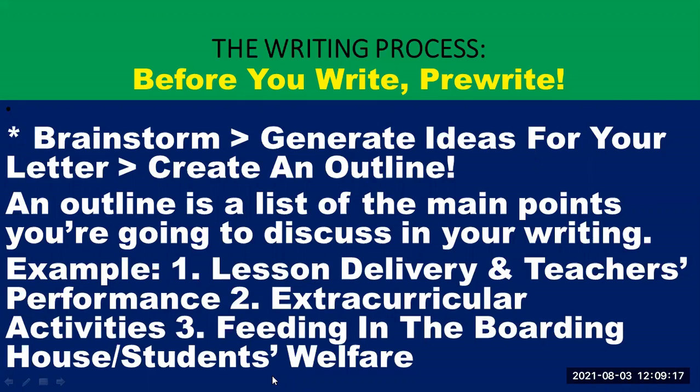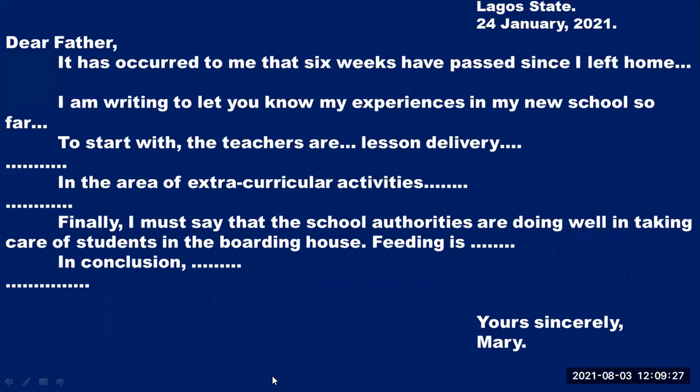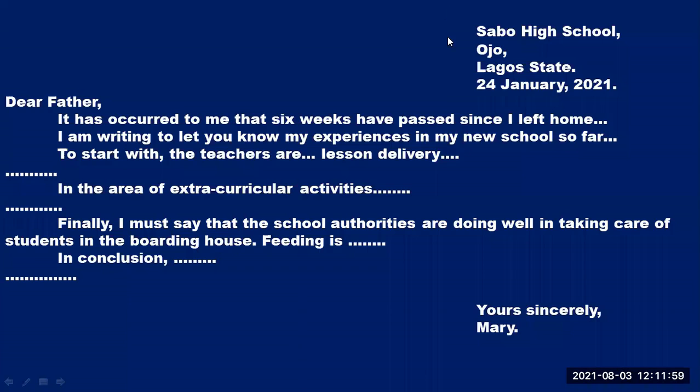Once you are through with your outline, the next thing is to begin to write your letter. Now, in writing the letter, don't forget you begin with your address. We have already gone through the procedure for writing your address up to the salutation.